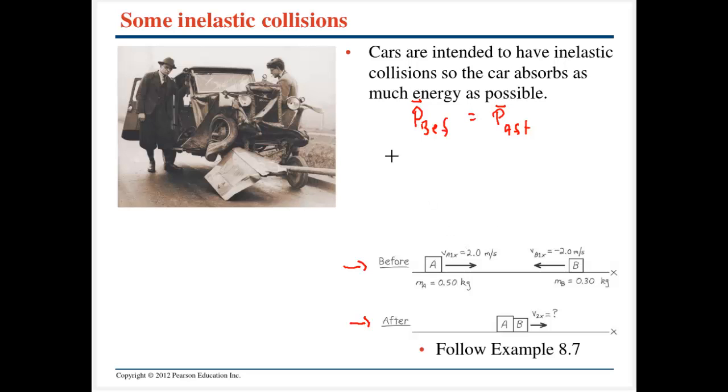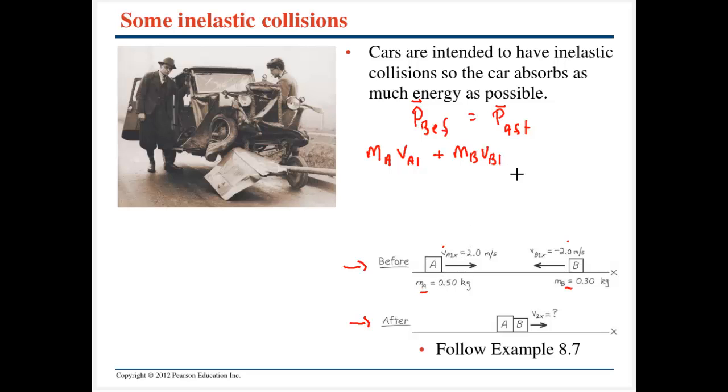If I look at the momentum beforehand, I'm going to have the mass of A and the velocity of A initially, so velocity of A1, 1 being the initial state, and I'm going to add mass of B multiplied by its velocity, so mass of B multiplied by velocity of B initial.